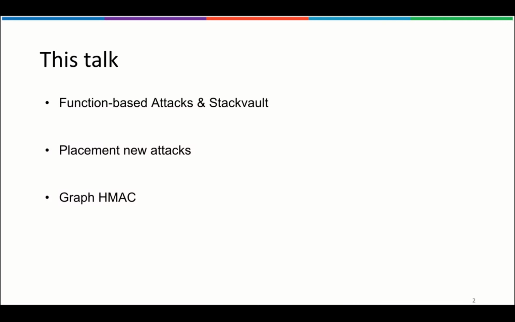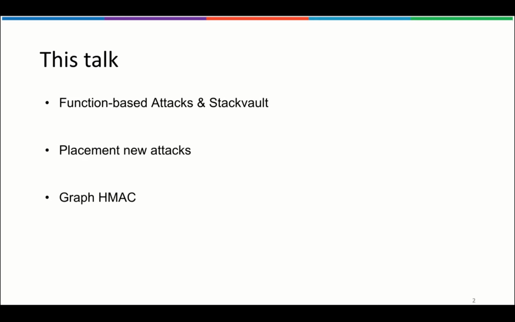There are certain notions of undecidability around alias analysis and determining what addresses can be accessed by other addresses, and therefore Stack Vault doesn't solve all those problems. It is impossible to solve all of them because of the hardness.